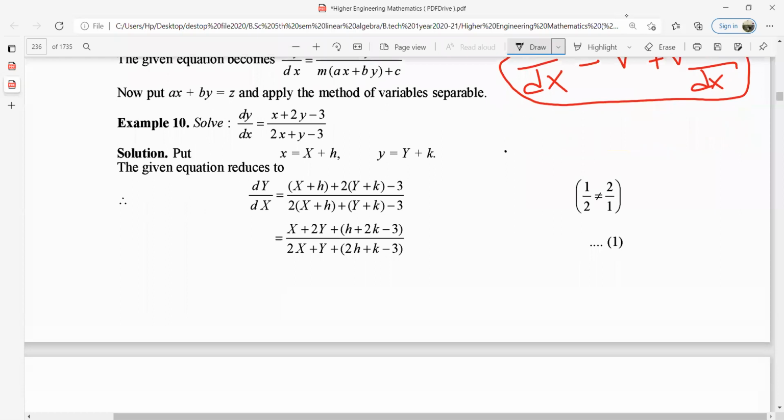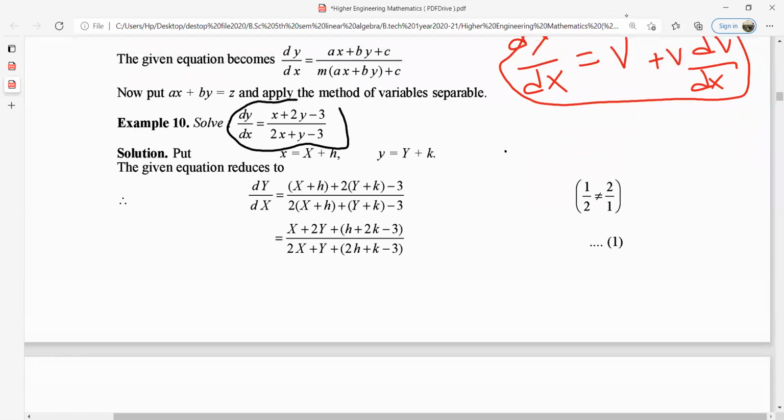Suppose here I am taking one example. This is given the example. Firstly, you have to just check the given differential equation is homogeneous form or not. So here the given differential equation is not homogeneous form because the above function is not homogeneous function, because here each term have degree not same, because here is degree 1, here is degree 1, but here is degree 0.